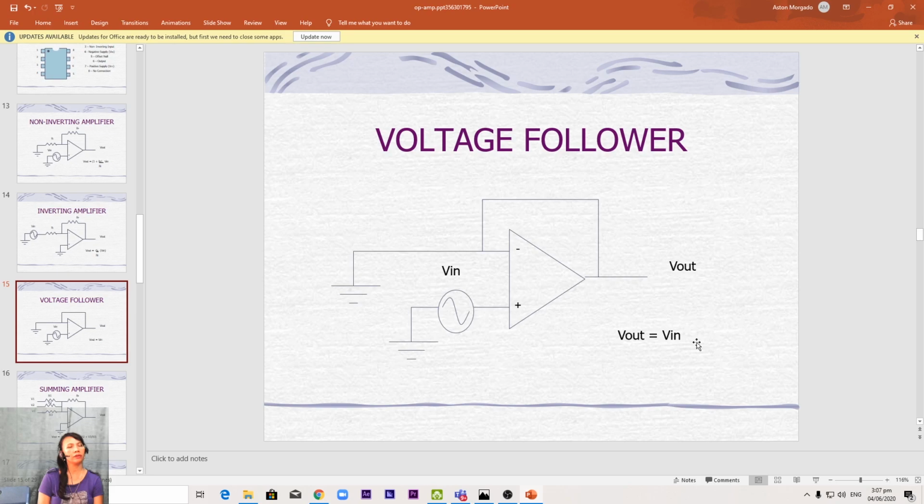Take note, it has no resistors. Although it has lines that connect pin 6 to pin 2, and then pin 2 to the ground, there's no resistor, so it's called a voltage follower. It is just used to isolate one circuit from another.